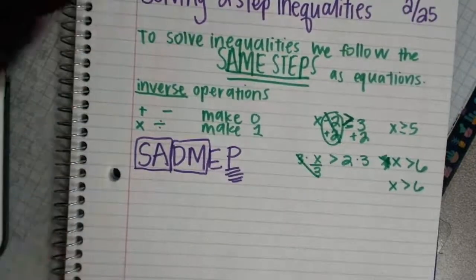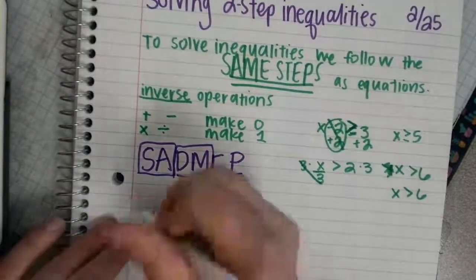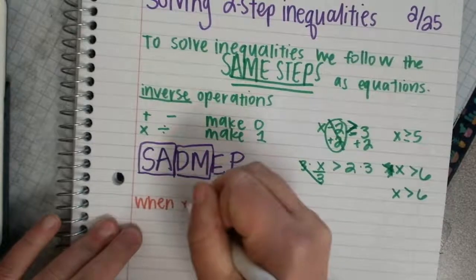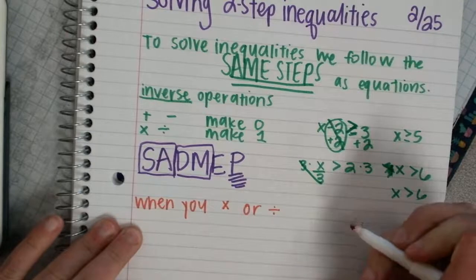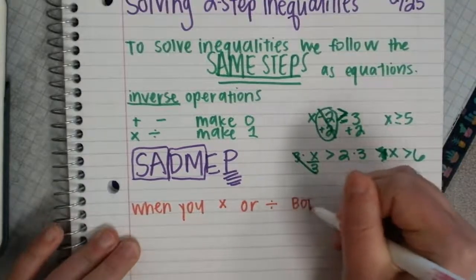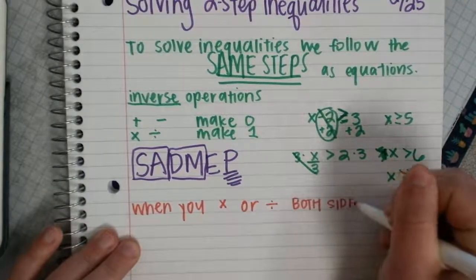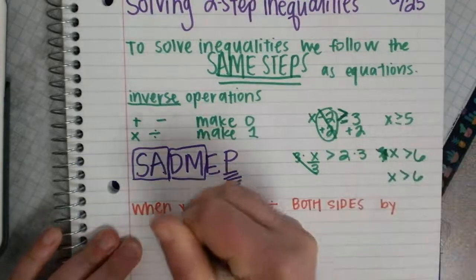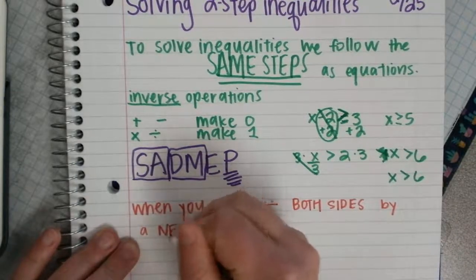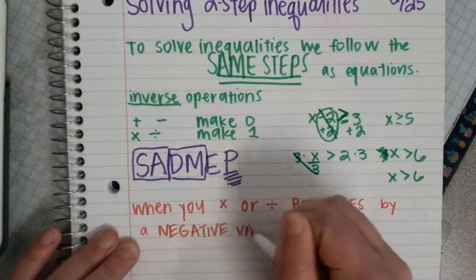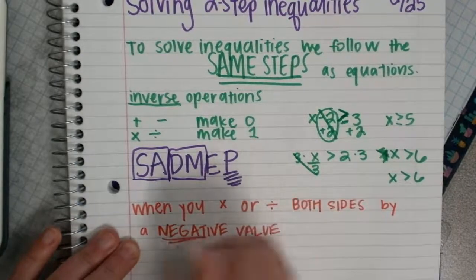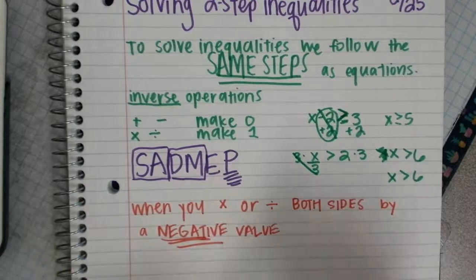One more big reminder for inequalities is when you multiply or divide both sides by a negative value. This only happens when it's doing it on both sides. This is when it's your inverse operation.